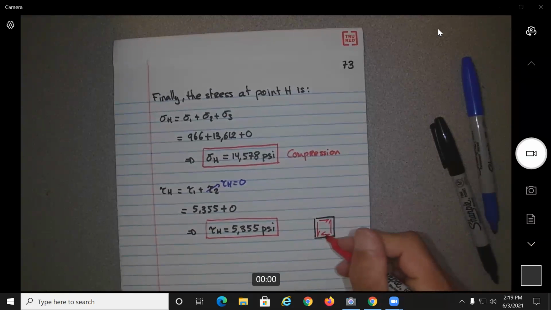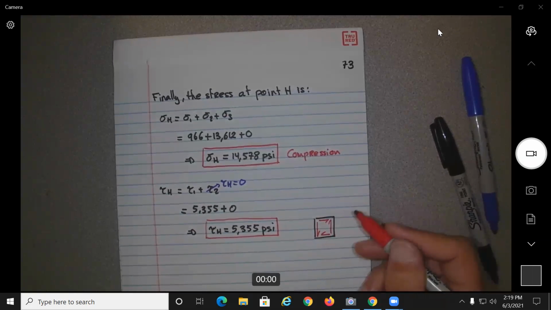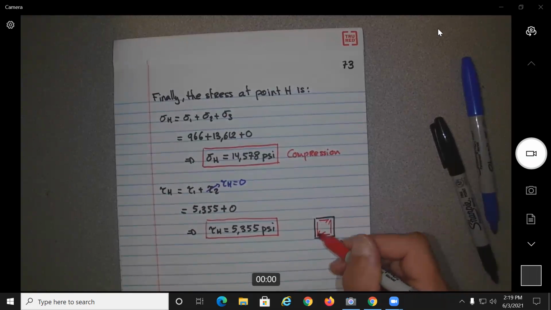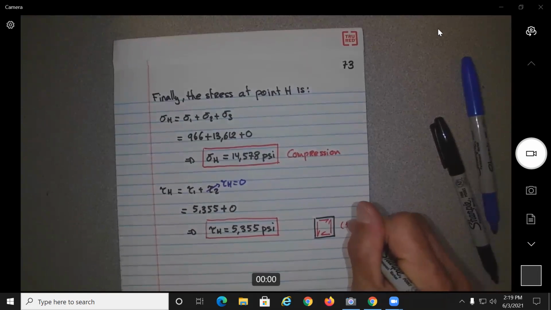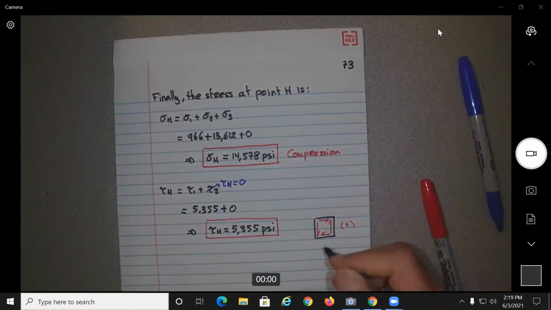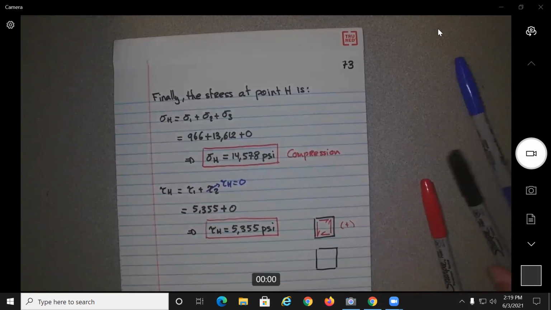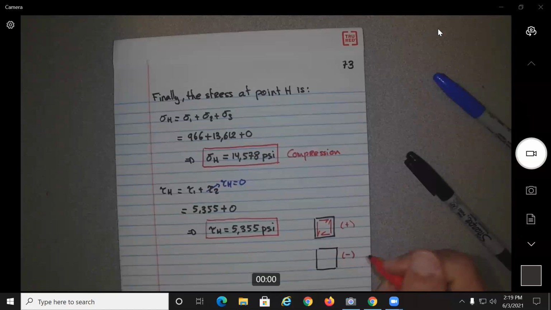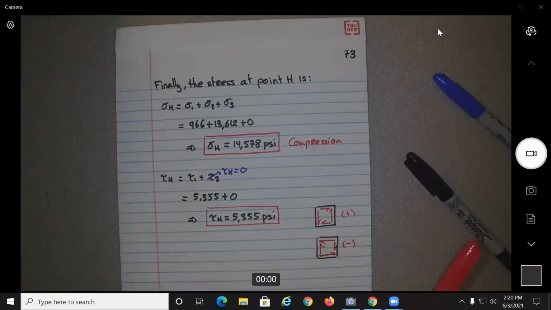All the shears should be equal to 0, no? So a positive shear means this is a distribution of a positive shear, and a negative shear will be the opposite. But to tell the truth, I never pay attention to this.